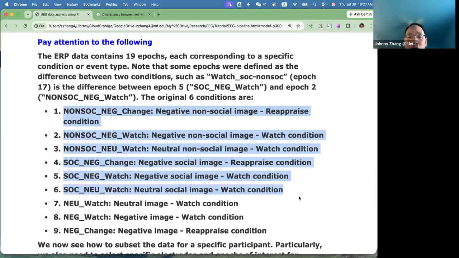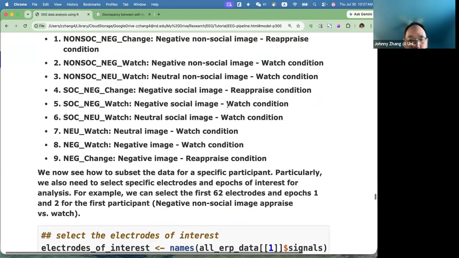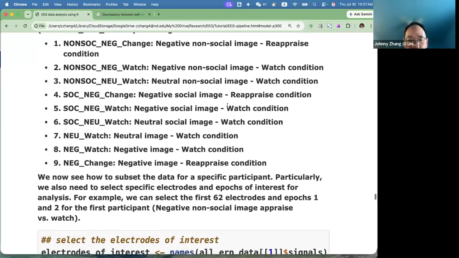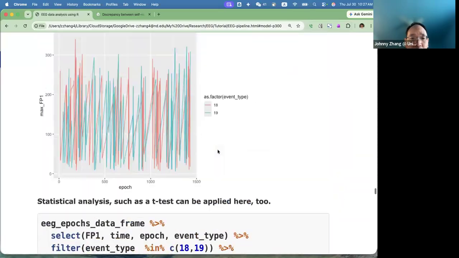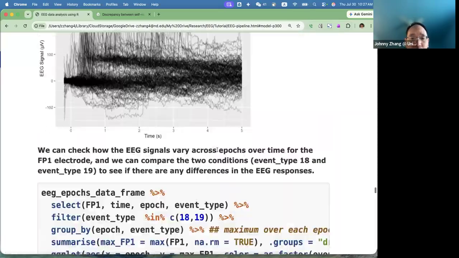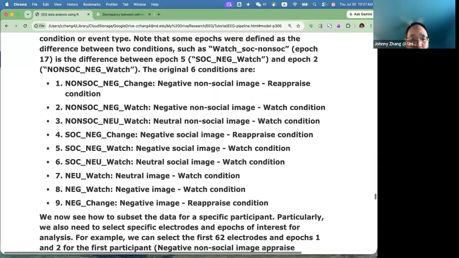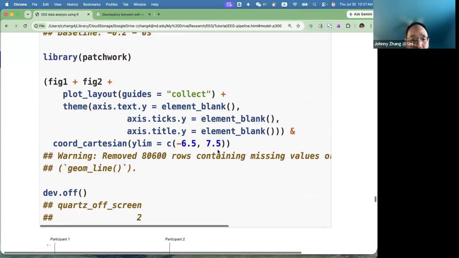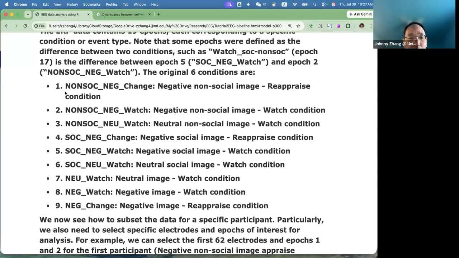Unless you are interested in the derived conditions. They also have conditions like this. They also have the epochs for the conditions, and you can look at the difference here.